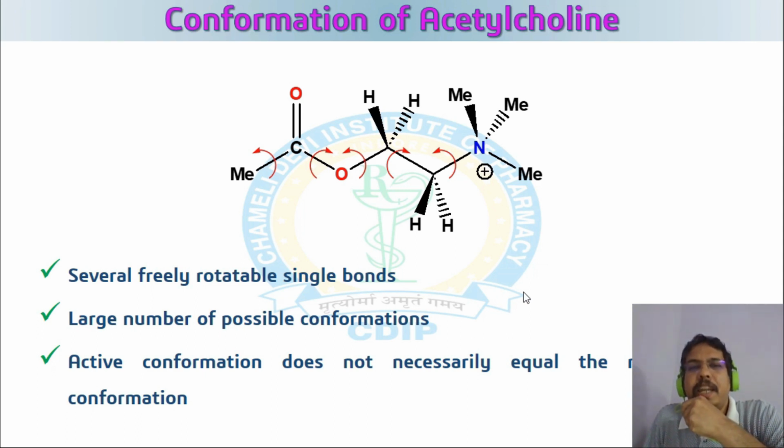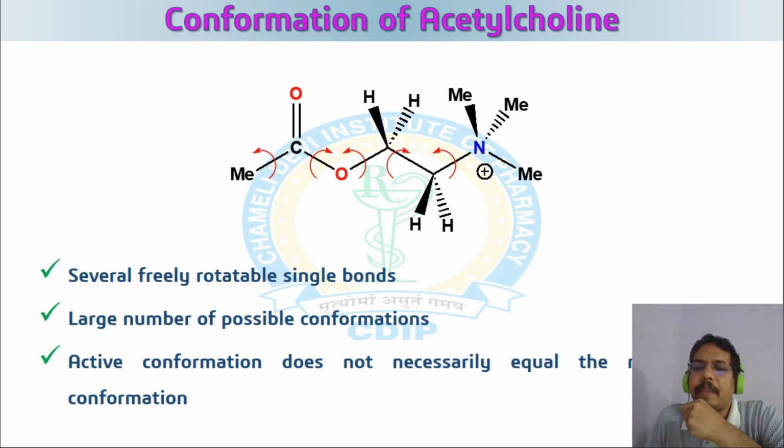So for understanding the nondiscriminating nature of acetylcholine towards both of the cholinergic receptors, we must know the basic structure of acetylcholine.